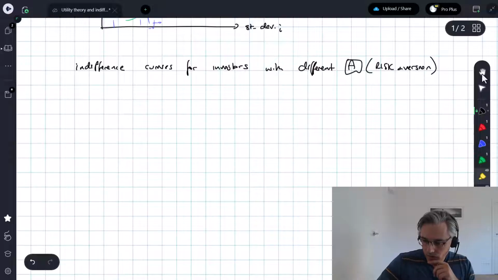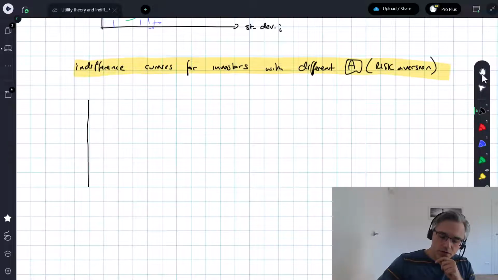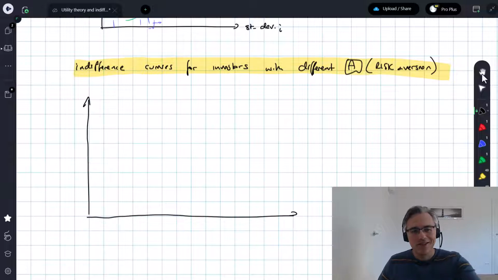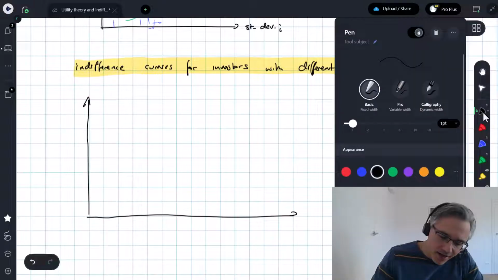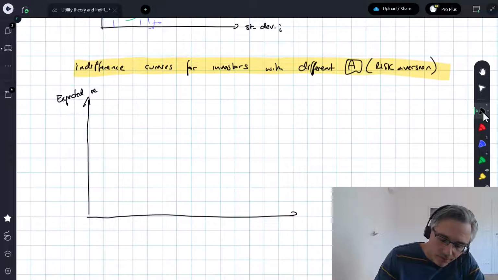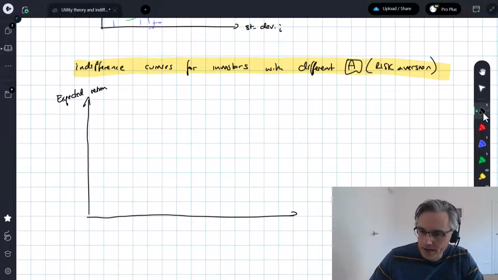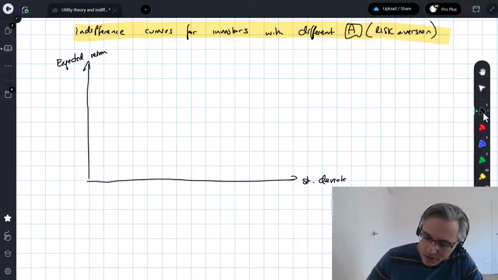Okay. So I'm going to go along with a graphical depiction that you can also find in the curriculum. And when I took this exam many years ago, it was already there, so it's a classic, so to speak. So once again, you're going to have expected return on the vertical axis, standard deviation over here on the horizontal axis, so the measure of risk or dispersion.